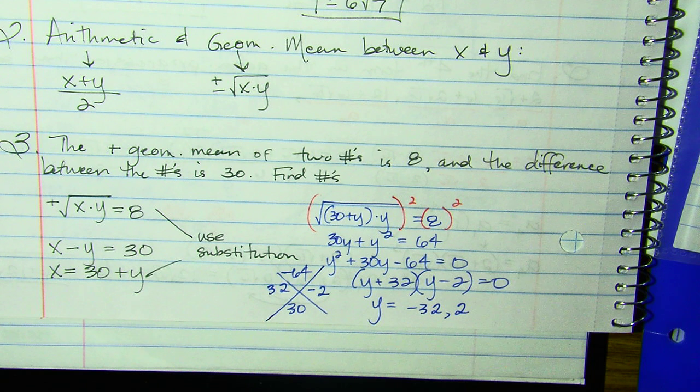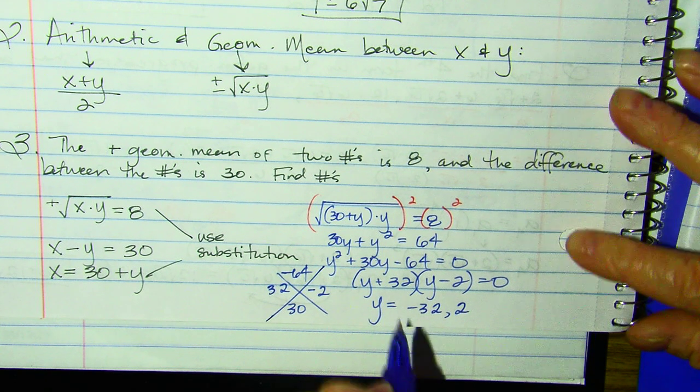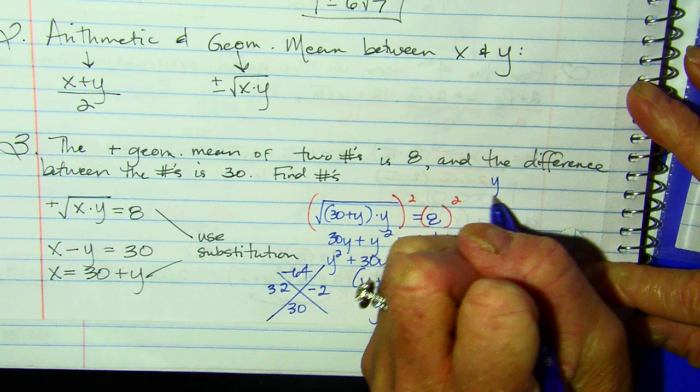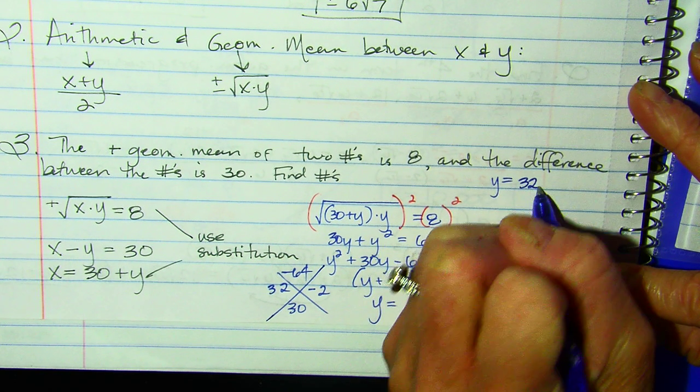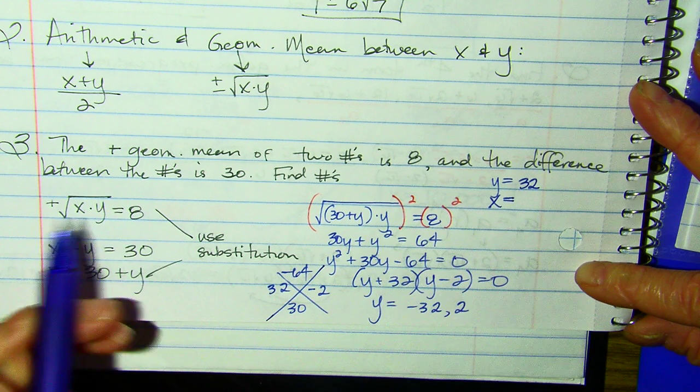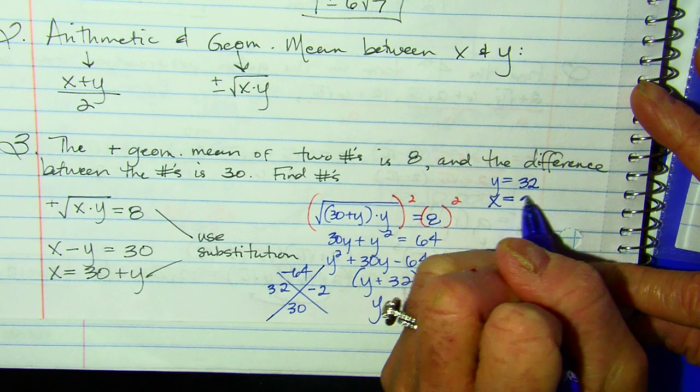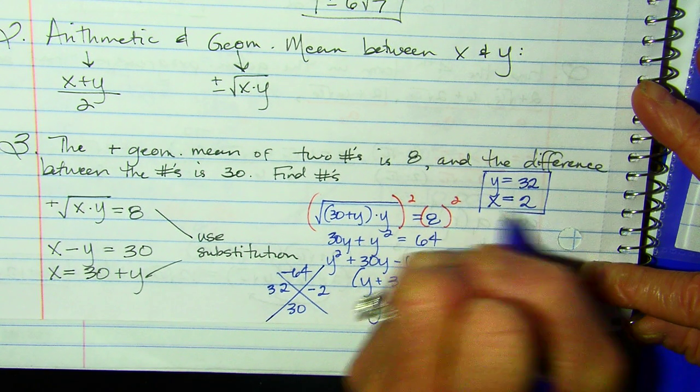And what did I do wrong here? So if y equals 32, then x, if they're a distance of 30 apart, is 2. That's one possibility.